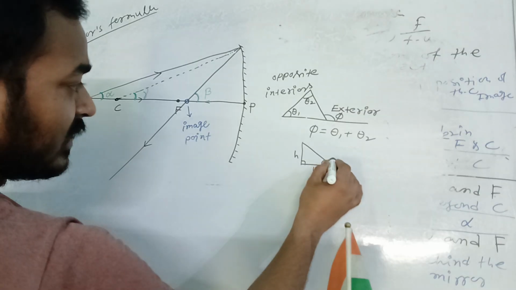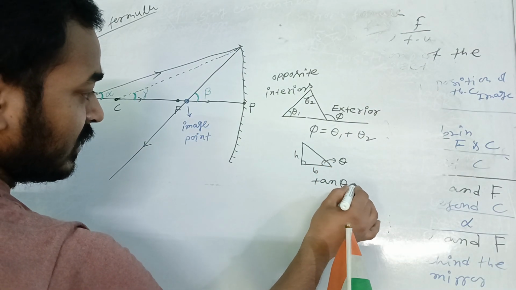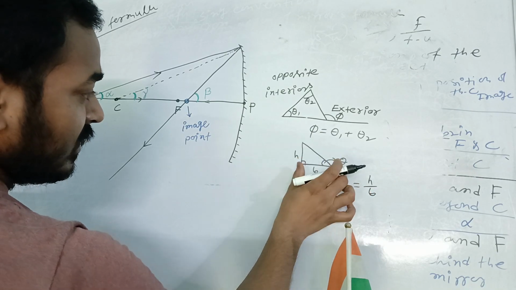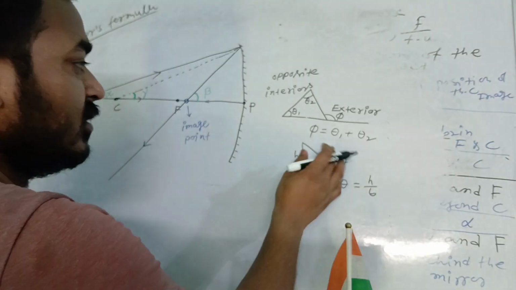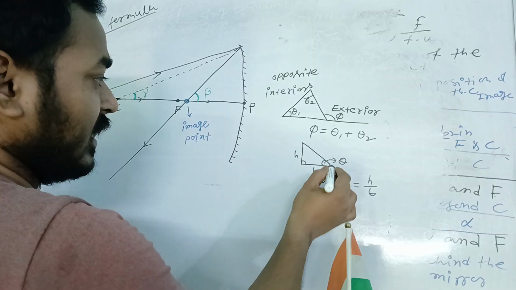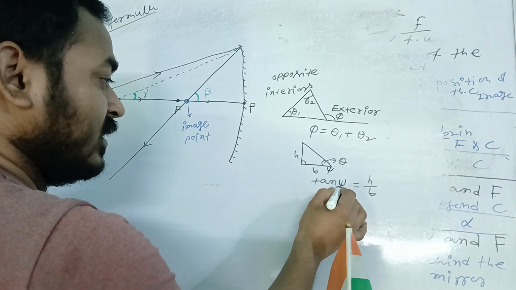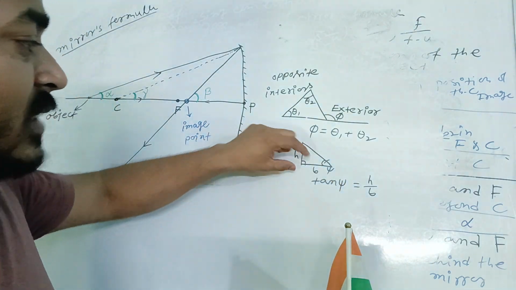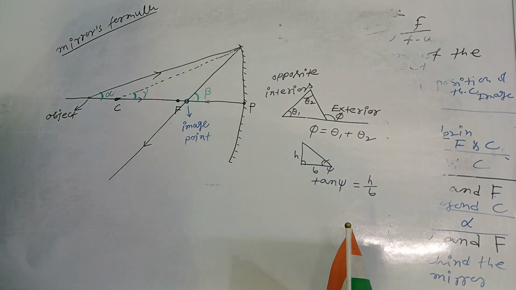I am writing this angle as theta, so tan of theta is equal to height by base, H by B. These two concepts we will not make confusing. So let me write this angle as psi. So tan psi is equal to H by B, with respect to this angle. This is height, this is base. Done.